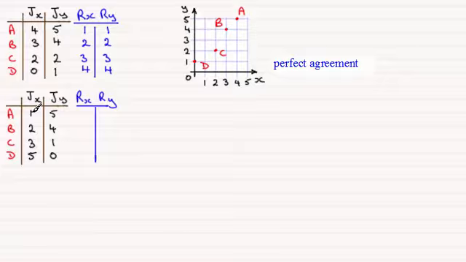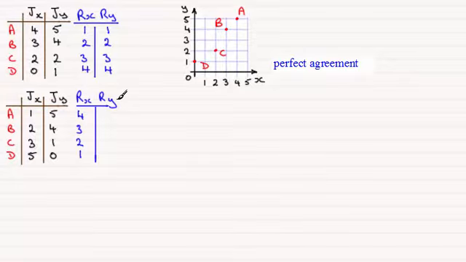In fact, Judge X ranked D with the highest, so we'll put that as 1. And then C got the next highest marks, so that would be rank 2, B the next one down, 3, and A was the lowest, so we'll put that as 4.